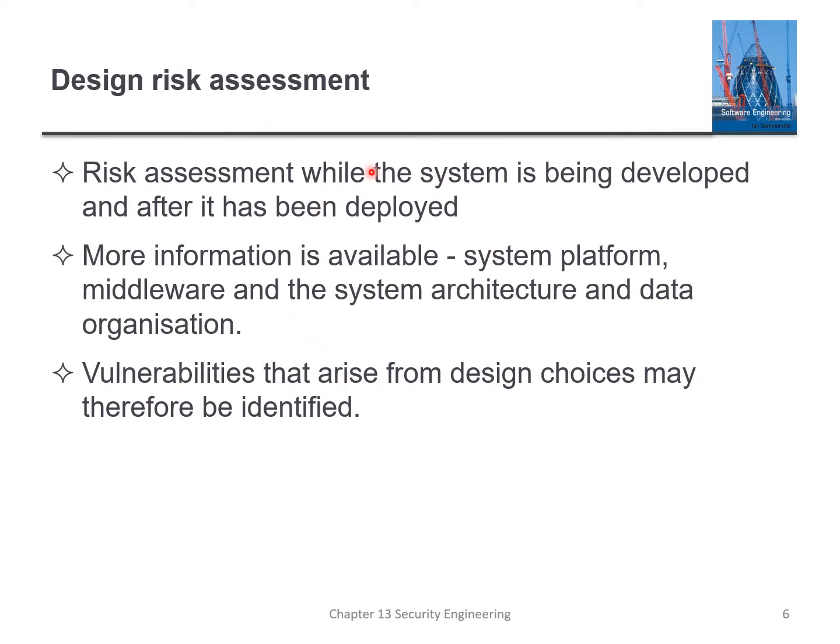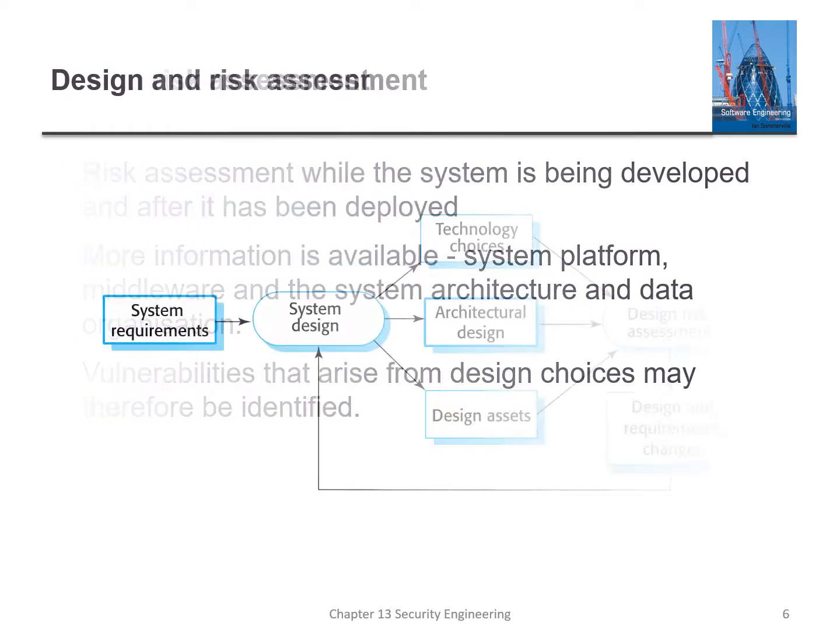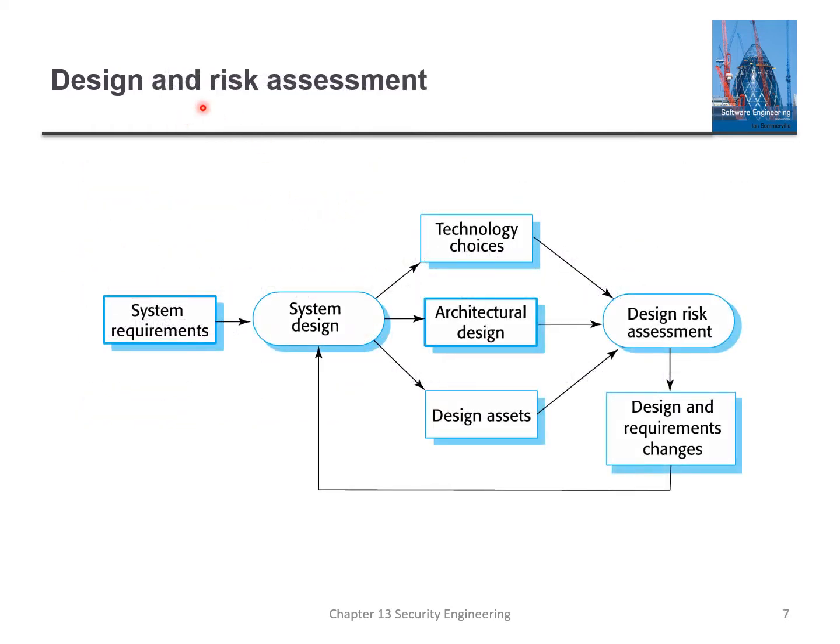We know what system platform will be used, what software, what system architecture there are, what data of the organization is available. So at this point of time, because we have more information, we have to decide which vulnerabilities we need to identify or choose. Okay, so this is risk assessment done at design phase.